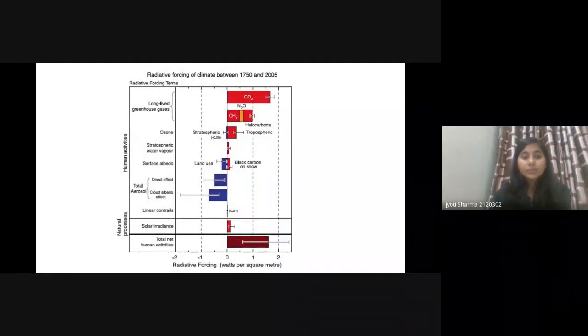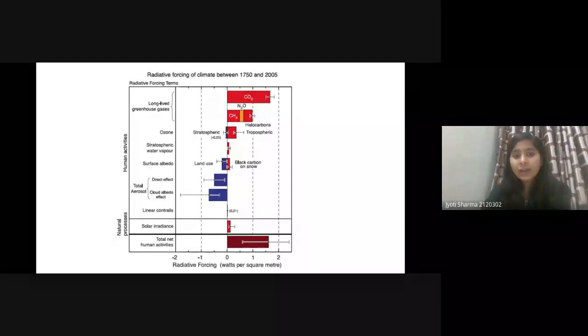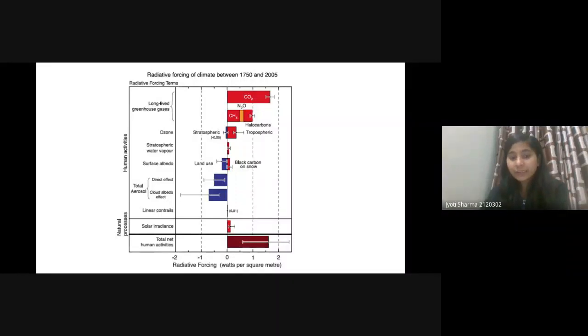Here we can see we have the different greenhouse gases, some different chemical species in our atmosphere, and each of these terms has some radiative forcing. Above we can see for carbon dioxide, the radiative forcing is positive, approximately 1.5, right?